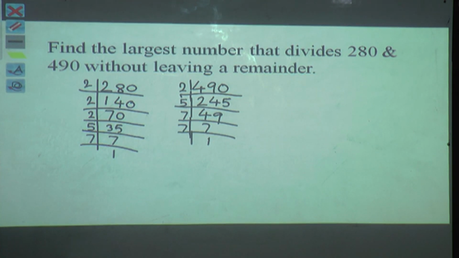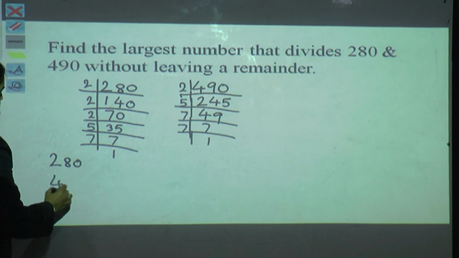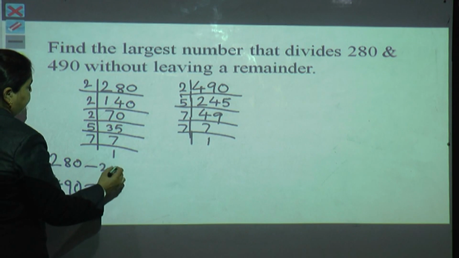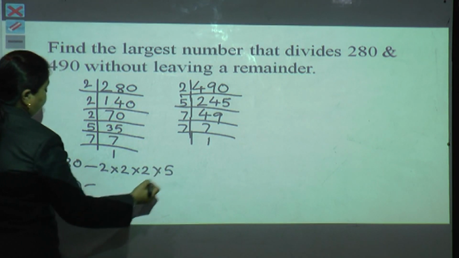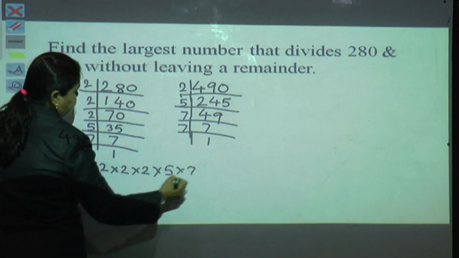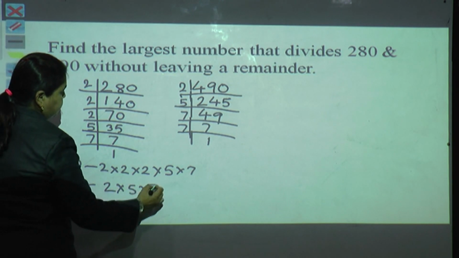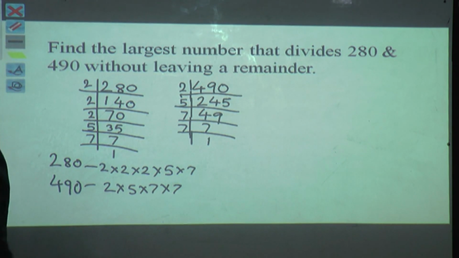Which are the common factors? I will write here 280 and 490. 280 is 2 multiplied by 2 multiplied by 2 multiplied by 5 multiplied by 7. 490 is 2 multiplied by 5 multiplied by 7 multiplied by 7. What are the common factors?